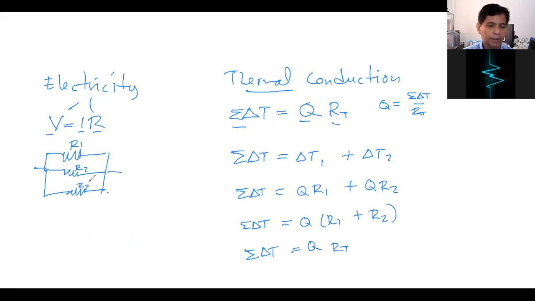Okay? So ang I hindi constant. Meron tayong I1, merong I2, tapos merong I3. Ang constant dito yung B. Isa lang yung B.